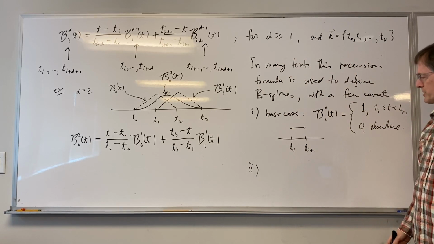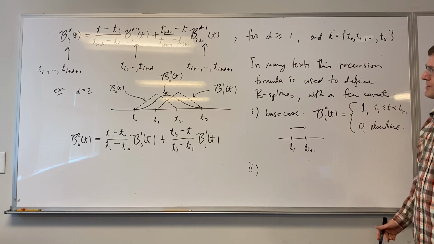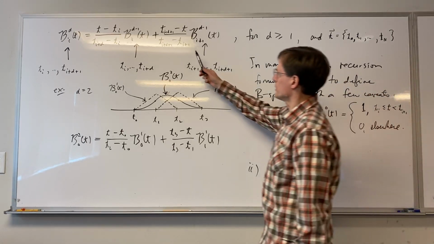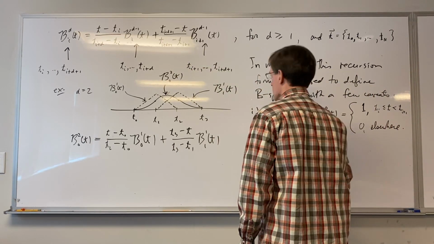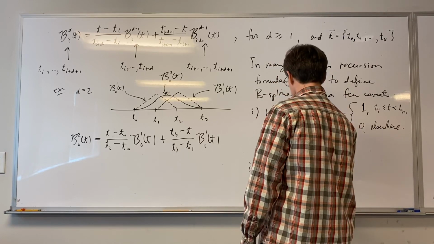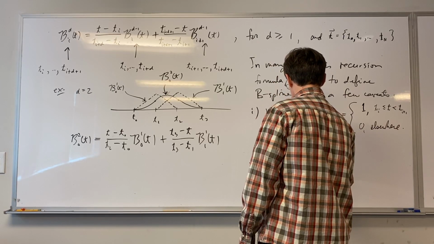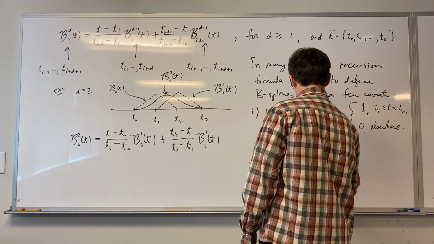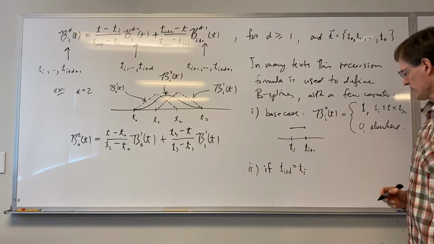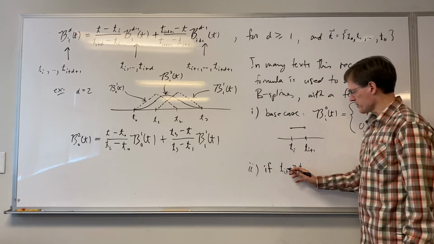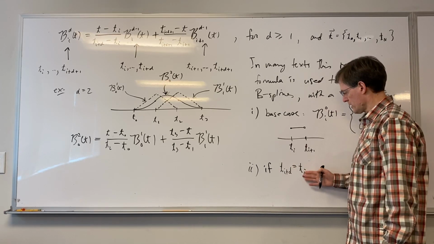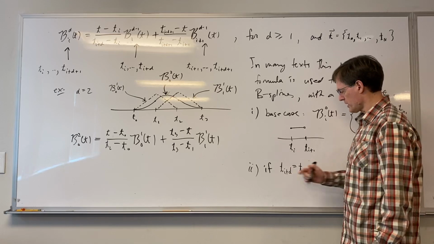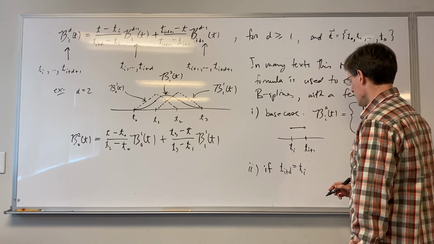And then the other caveat, if you're going to use the recursion as the definition of a B-spline, is that you have to say what happens when you get multiplicities, right? So if t_{i+d} equals t_i, that will only happen, of course, because a knot sequence, remember, is non-decreasing. So t_i, t_{i+1}, etc., all the way up to t_{i+d} must all be the same, right?